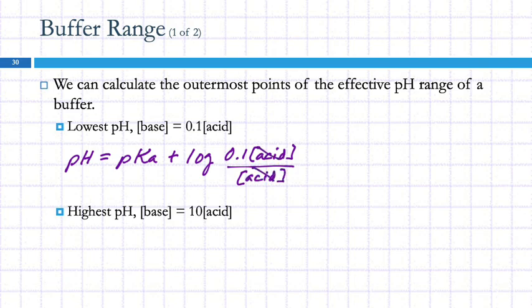Those cancel out. And the log of 0.1 is -1. So here we have pKa -1. Looking at the highest pH, where the base is 10 times the acid, pKa plus log of 10 times the acid over the acid.